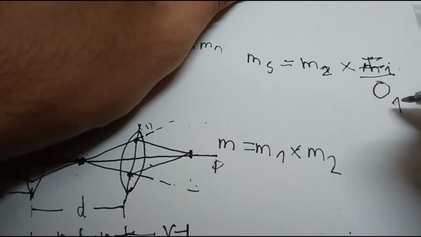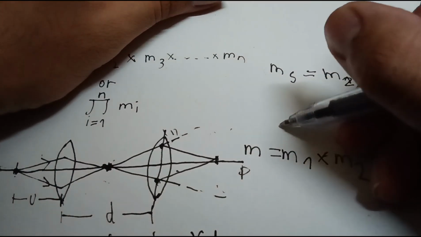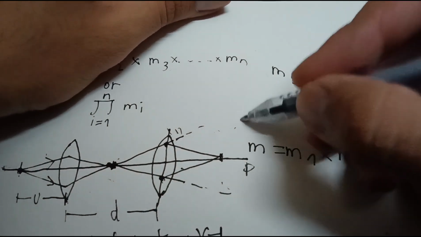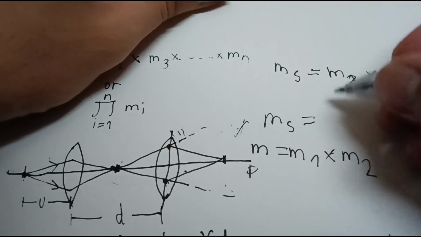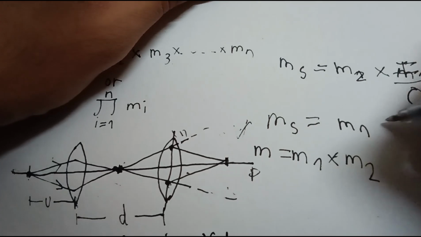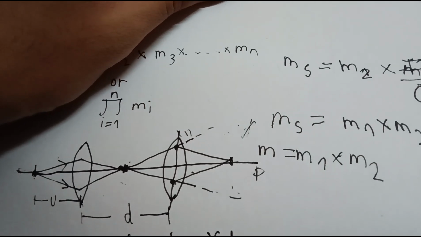And image length upon object length is indeed the magnification. That means that the magnification of this whole system is indeed magnification of the first lens multiplied by the magnification of the second lens. Hence we have proved this.